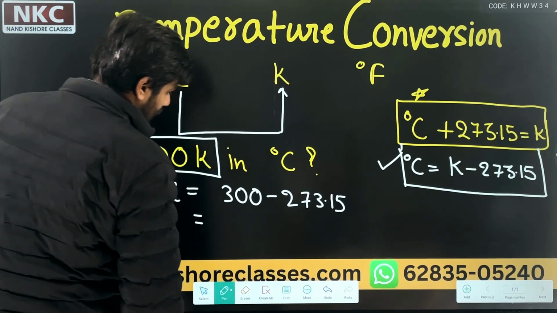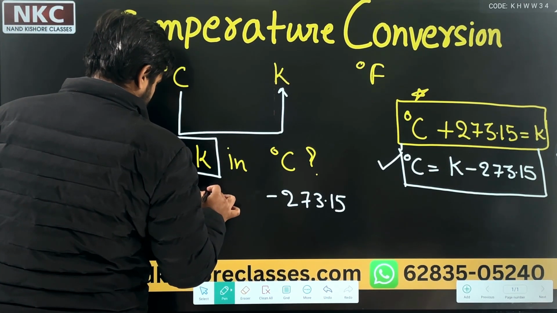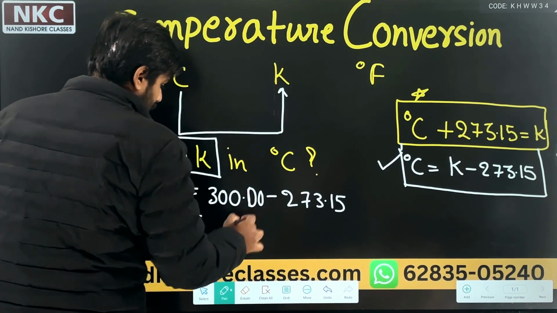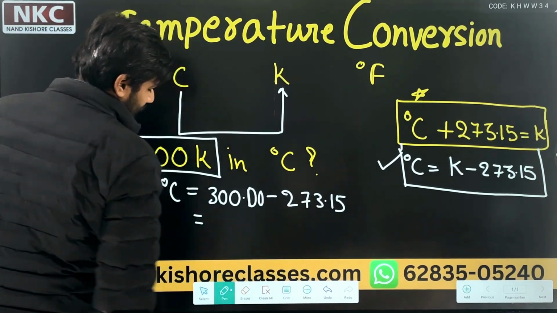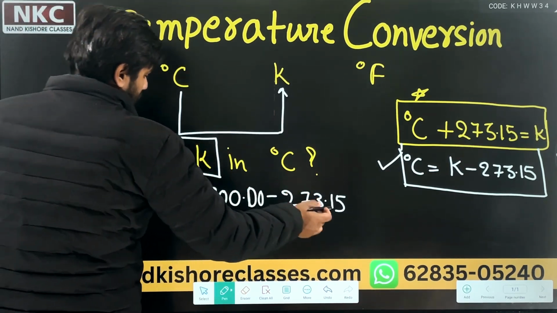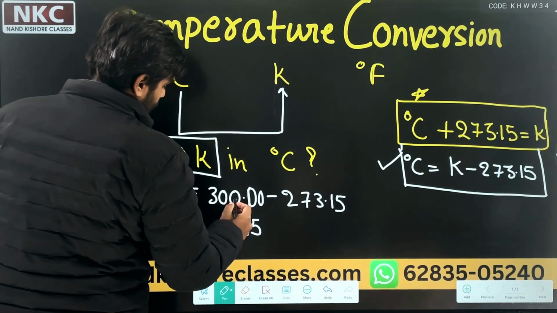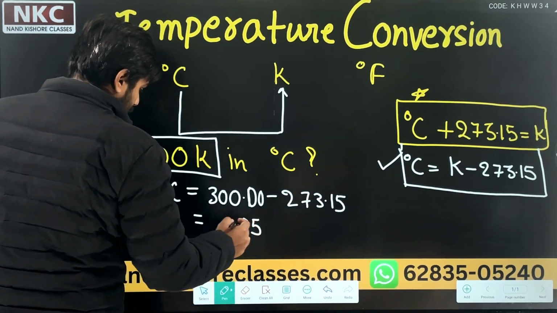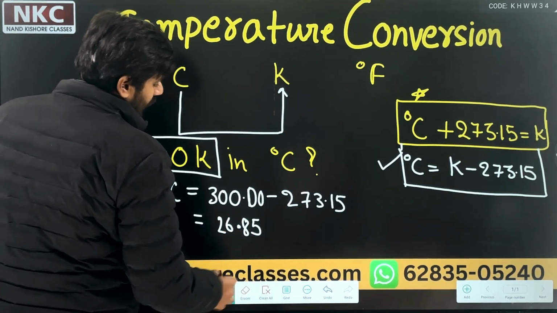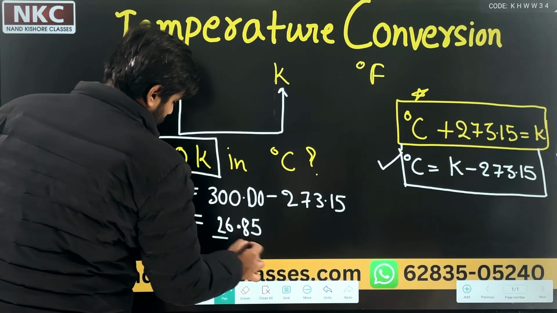Let's write it as 300.00. First, 10 minus 5 is 5, then 9 minus 1 is 8, put the point, and then 9 minus 3 is 6, 9 minus 7 is 2, and 3 minus 2 is 1, which makes it 0.